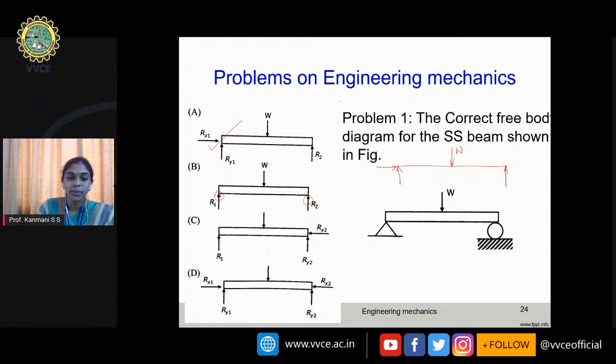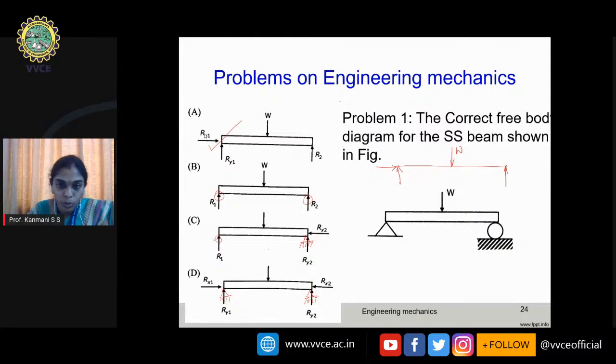And option C is applicable only when A has roller support and B has hinge support, because there are two reactions at the hinge. Now D is applicable when you have both ends hinged. So that's why we can say that option A is the right answer. So for problem number 1, option A is the right answer.